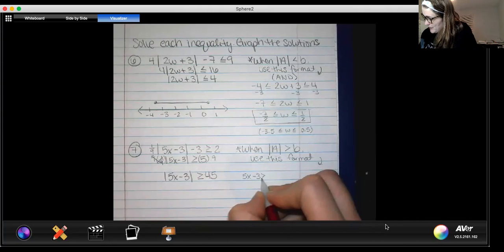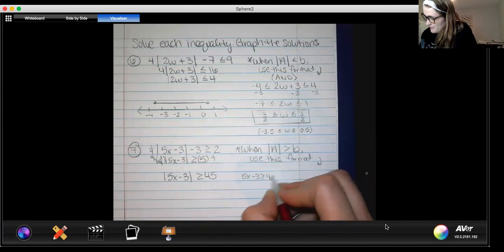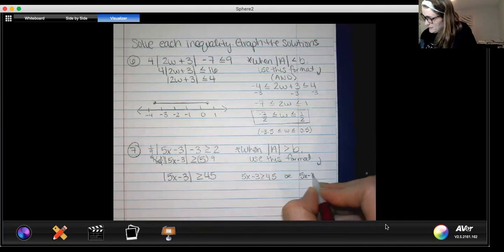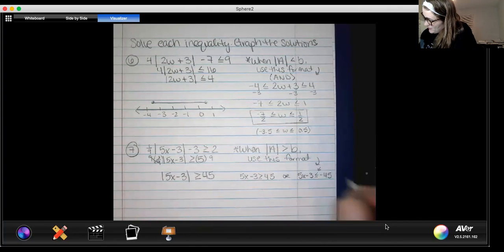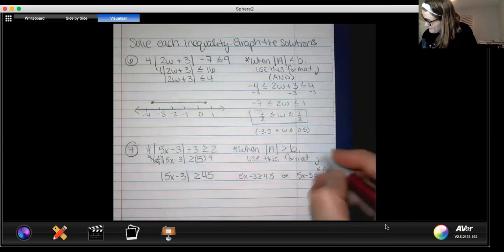So 5x minus 3 is greater than or equal to 45, or 5x minus 3 is less than or equal to negative 45. So not only did you switch the answer, you also switched the sign.